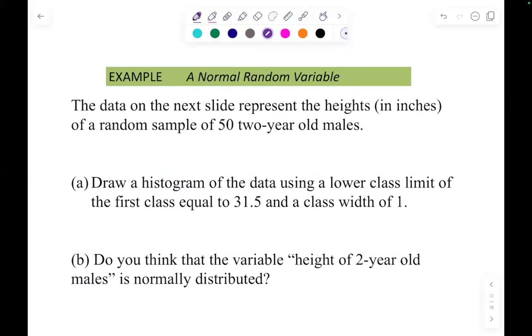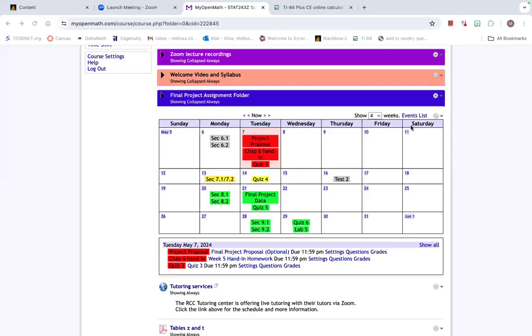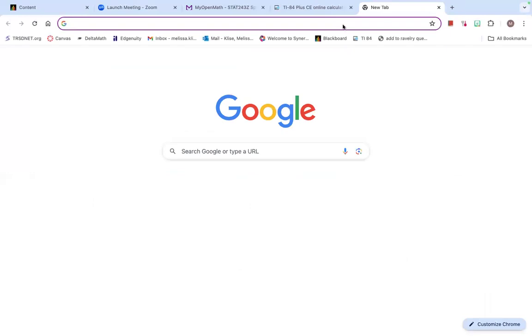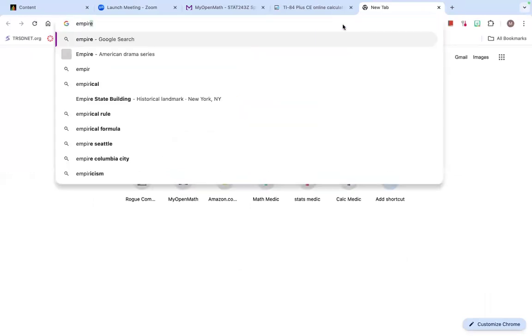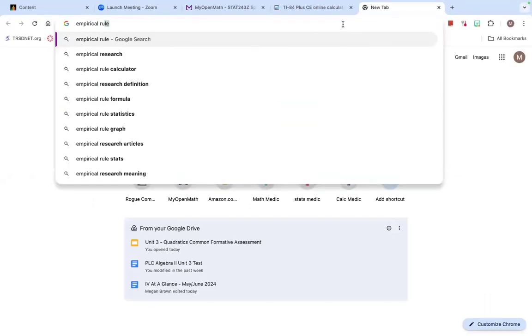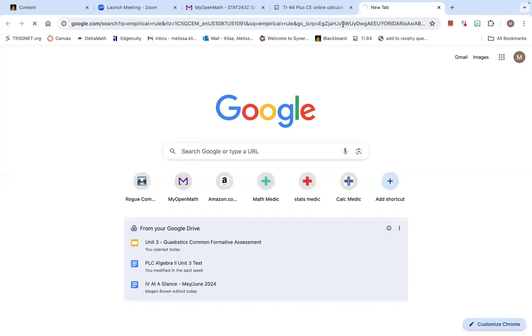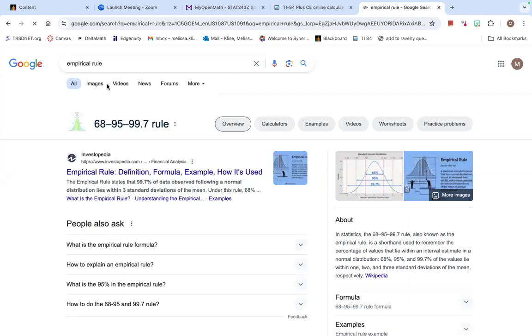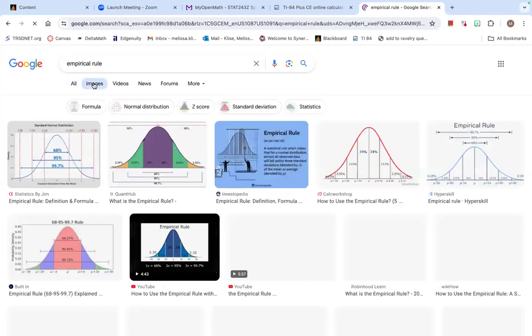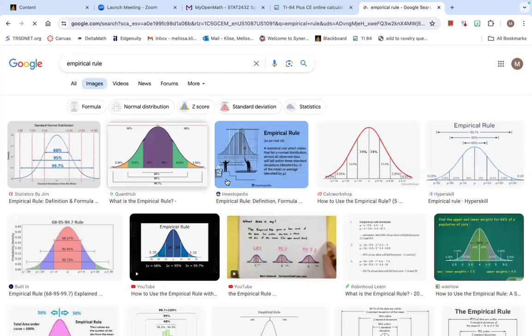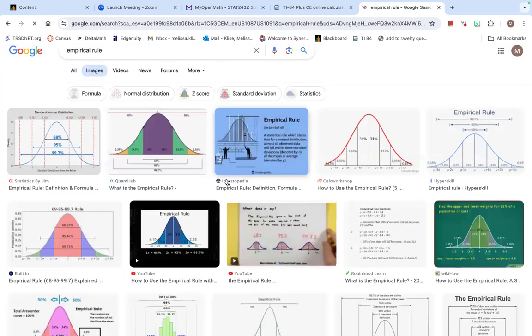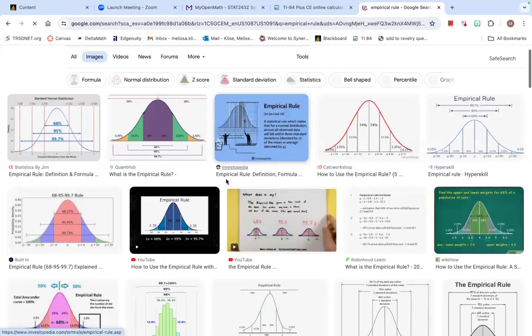I can like Google empirical rule and get that. I swear. You're going to make me have to check. I'm going to Google it. I'm just curious. Okay, images. And there's a bunch of them. Did you Google empirical rule, Gwen?